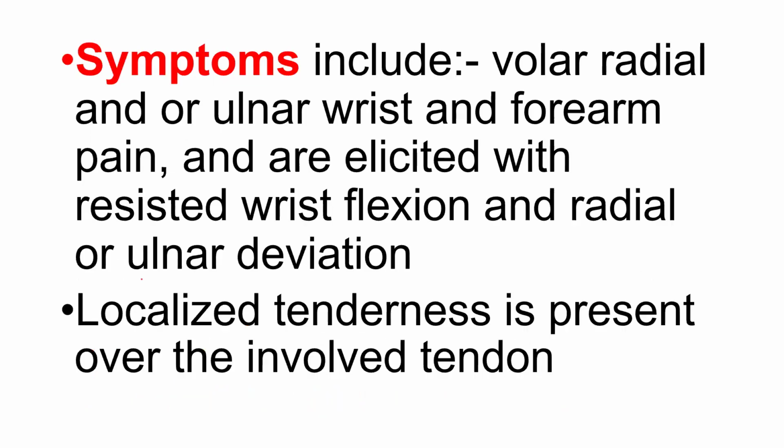Symptoms include volar, radial and ulnar wrist and forearm pain, and are elicited with resisted wrist flexion and radial or ulnar deviation. Localized tenderness is present over the involved tendon.